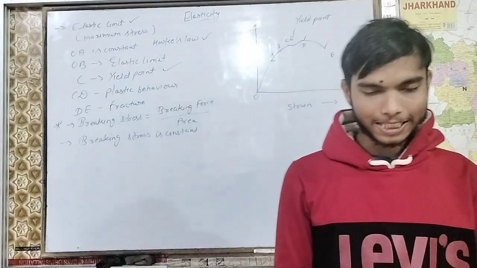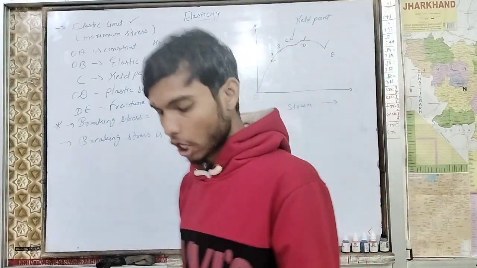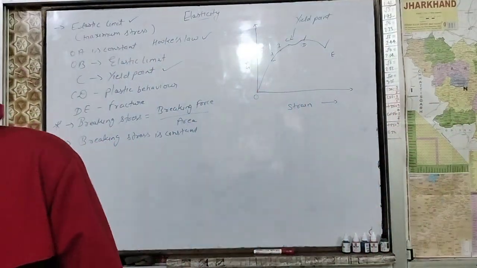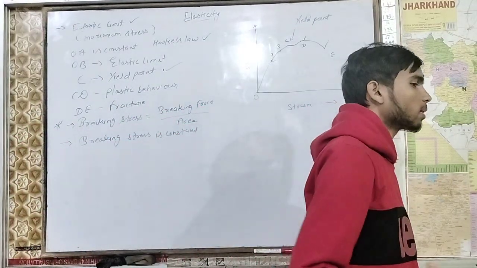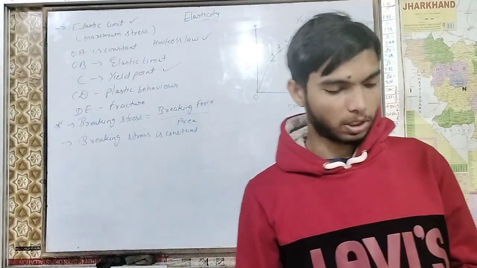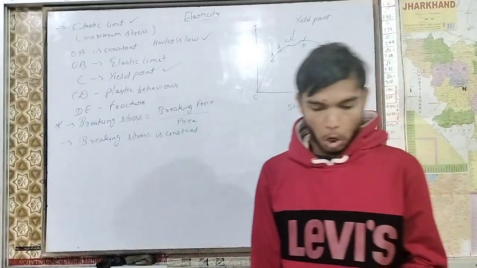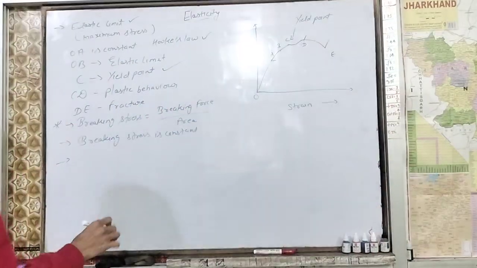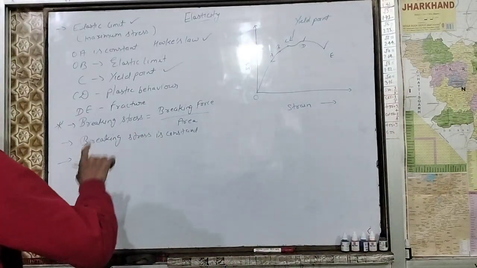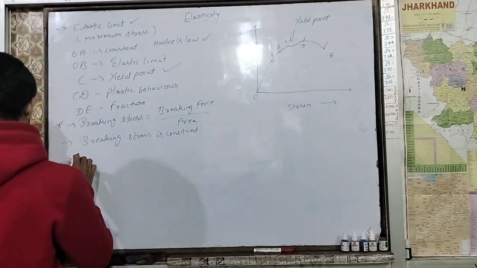Next part is breaking strain. Breaking strain is equal to elongation or compression upon original dimension. Compression means compressing the object. Elongation means stretching the object. This was about breaking stress, but now what about breaking strain?